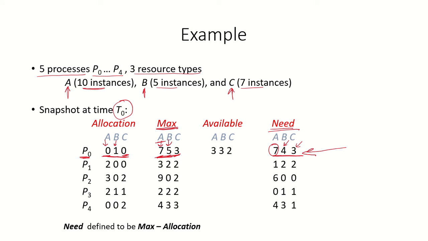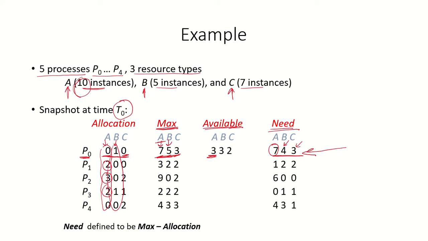Currently how many are available in the system? When we add all of these allocated resources for A, we find that 3, 2 plus 3, 5 plus 2, 7. 7 instances of A are currently allocated. Total were 10. That means 3 are still available.